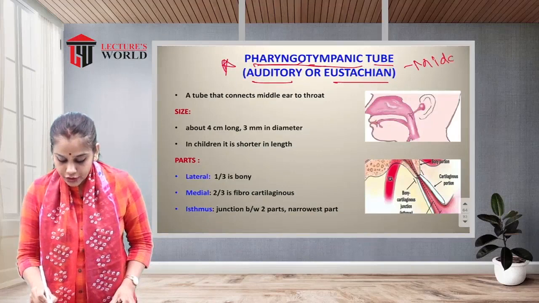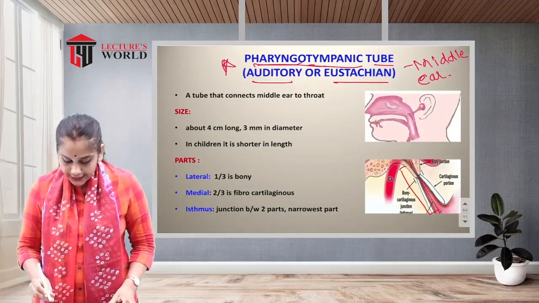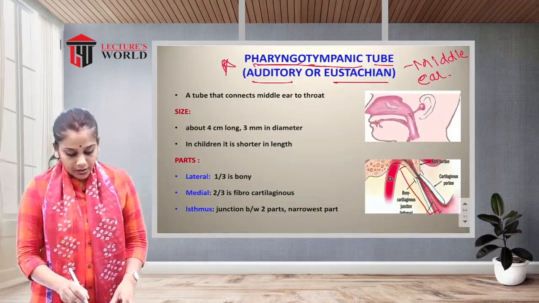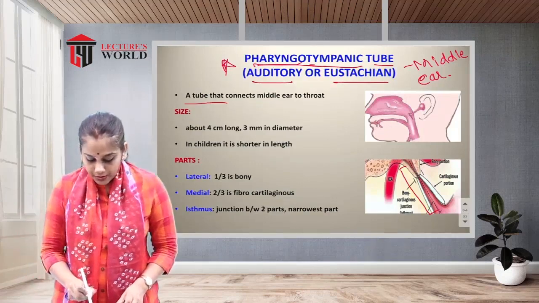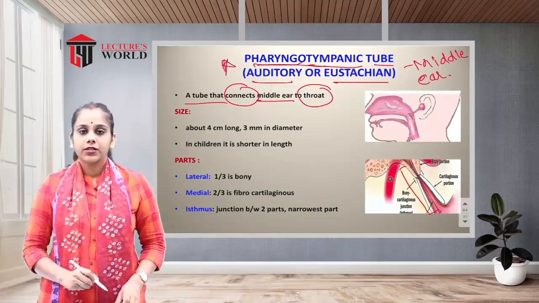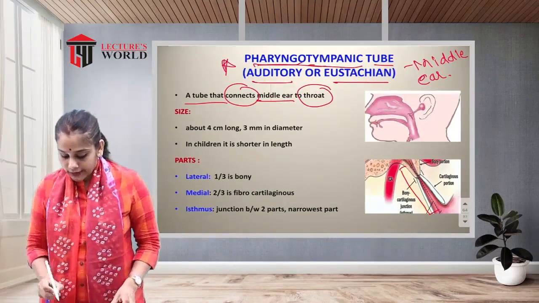This is the auditory tube, or we can say eustachian tube. It is a tube that connects the middle ear to the throat.